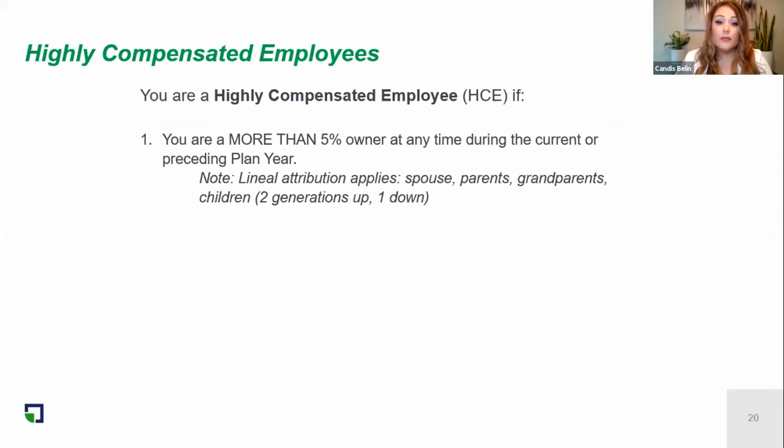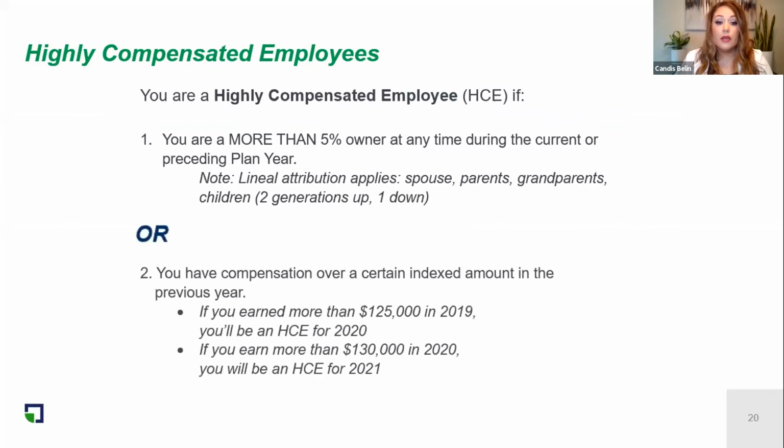This also applies if you have, say, your spouse, your parent, your grandparents, or your children working for you. They are also deemed to be in the same category as you, so a highly compensated employee, if they're an employee there. Or, if you have compensation over a certain indexed amount in the previous year. So if you earned $125,000 in 2019, you're going to be a highly compensated employee for 2020. And $130,000 for 2020 makes you a highly compensated employee in 2021.